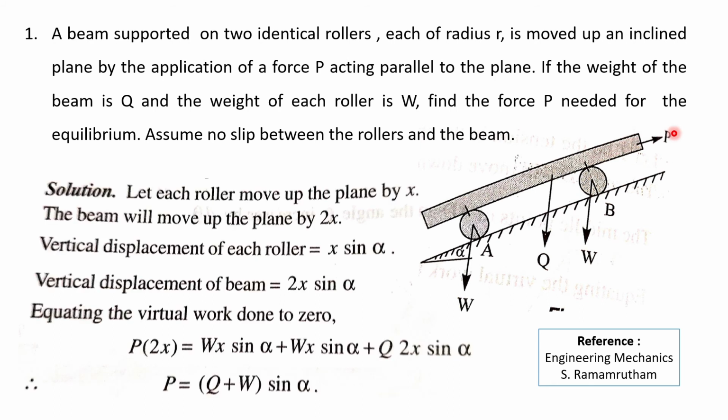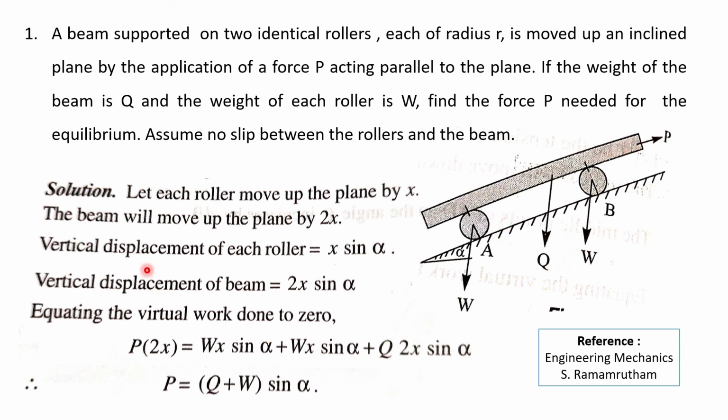So when we analyze in terms of vertical distance, let each roller move up the plane by distance x. Now the beam will move up the plane by double x, right? Twice x. Two rollers are there.